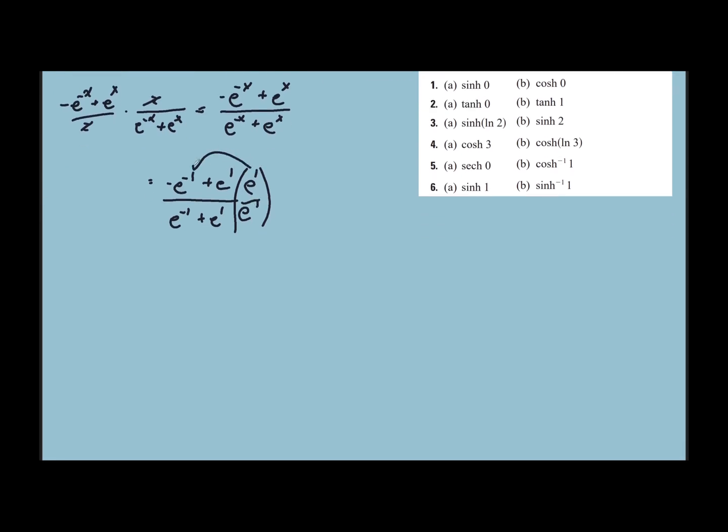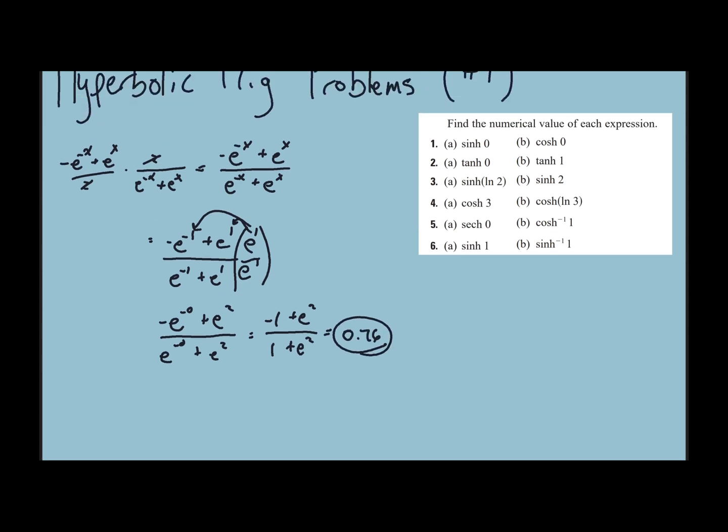So when I multiply that, this is going to add to the exponents here. So we get negative e to the negative 0 plus e squared divided by e to the negative 0 plus e squared. And of course, that means we're going to get negative 1 plus e squared over 1 plus e squared. And I think from there, we're just going to plug it in. And what I got for a number here was about 0.76. That's going to be the answer for that one.